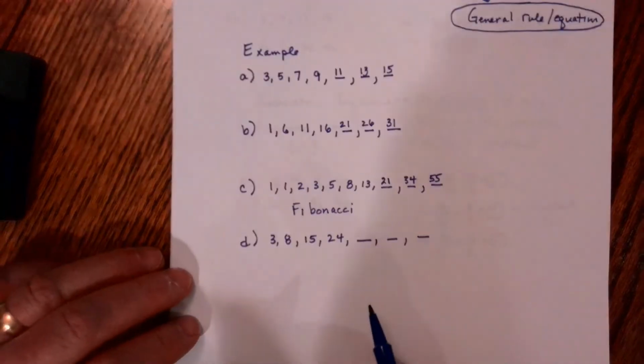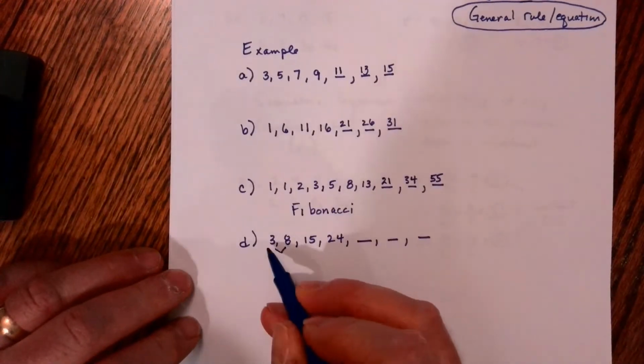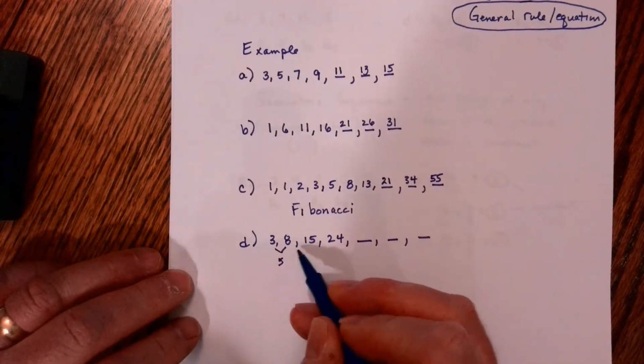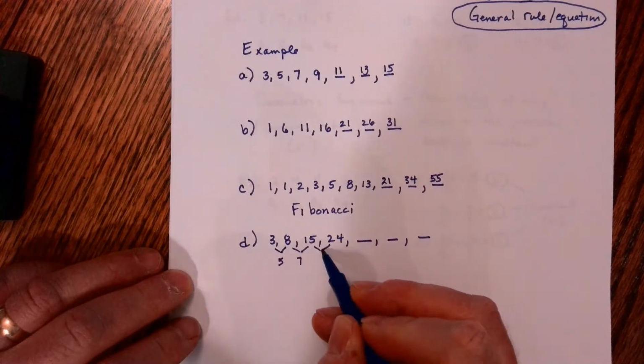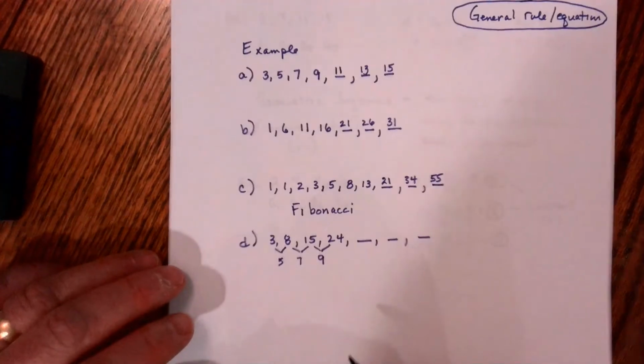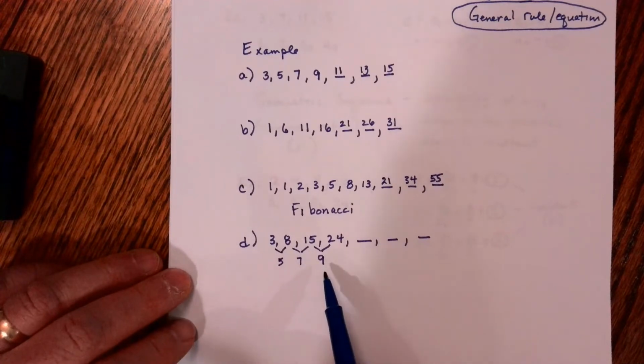This one's a little bit harder, because what's happening is, if I look at the change from 3 to 8, I notice it's 5. From 8 to 15, I notice it's 7. And from 15 to 24, I know that it's 9. Now this might not be the approach that you use to come up with it, but it does look like a pattern is emerging.